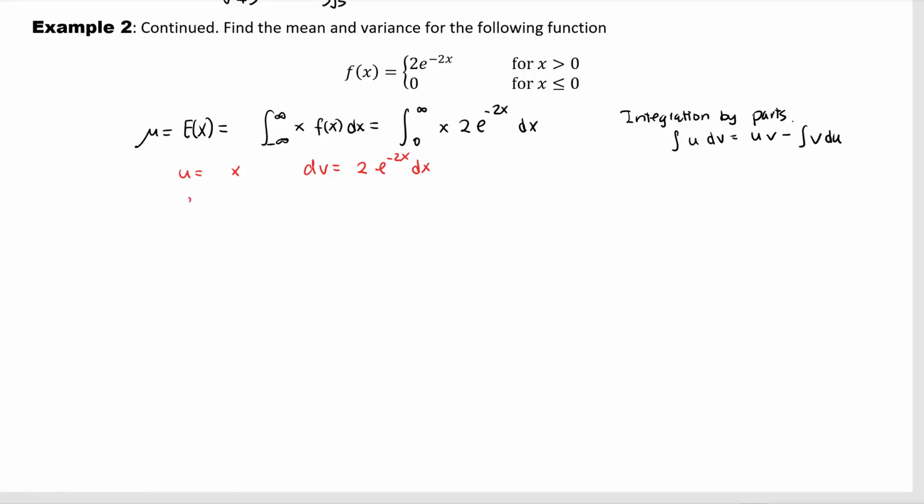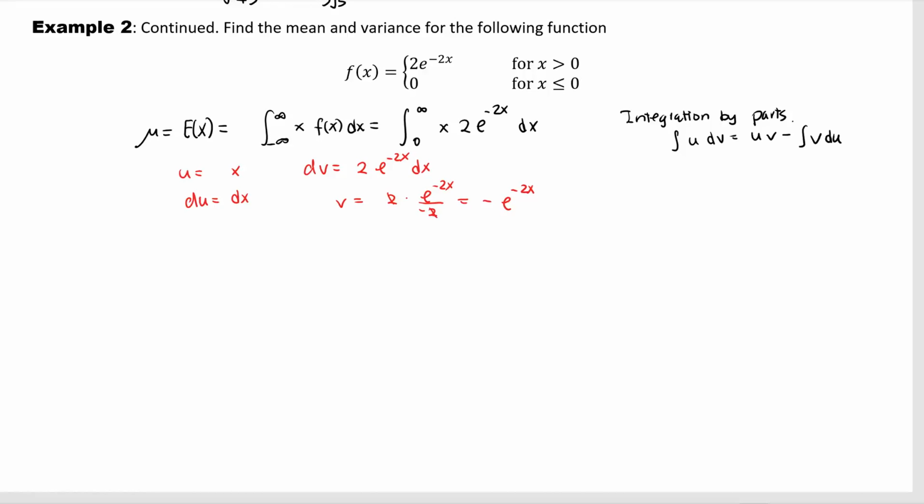Do you know why? Because then du is 1 dx. And v, when you integrate that, you have 2 e to the minus 2x over negative 2. So the 2s cancel, and you have negative e to the minus 2x. So you don't see a fraction. That's why we move the 2 into the dv.